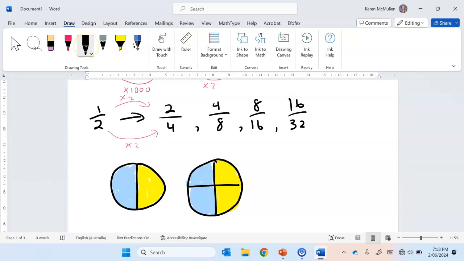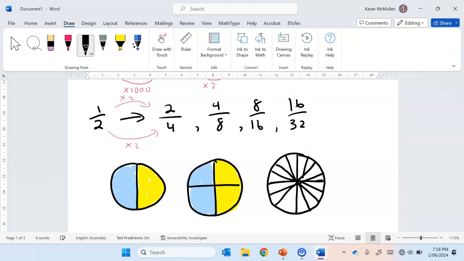So let's look at this 16 over 32, which might be a bit hard to draw. All right, so there's your 4 pieces. And there's your 8 pieces. This is going to be hard to draw. I'm going to draw your 16. Maybe we'll stop at 16 because it's a bit hard to draw 32.